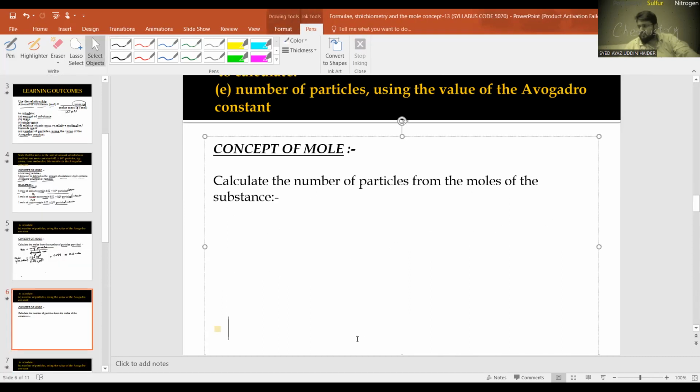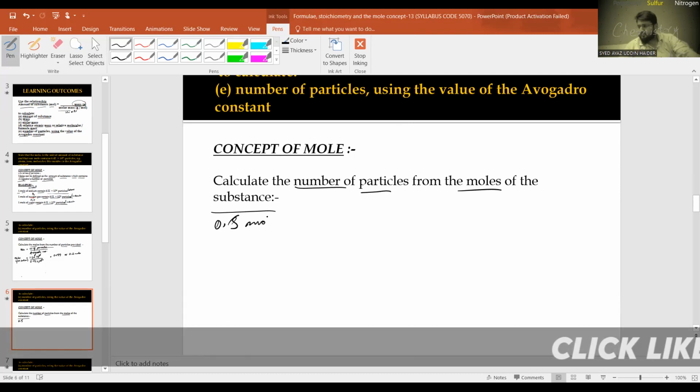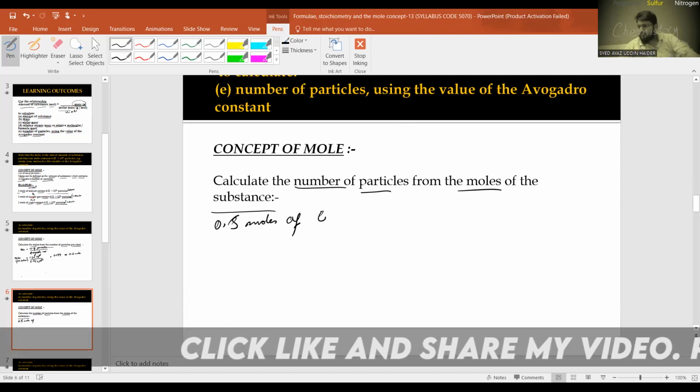Now what if I want to calculate the number of particles from the moles of the substance? Now moles is provided. You want to calculate the particles. For instance, we have 0.5 moles of oxygen gas.